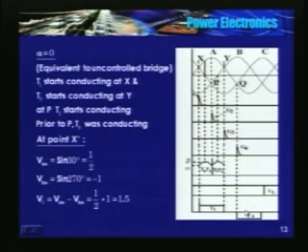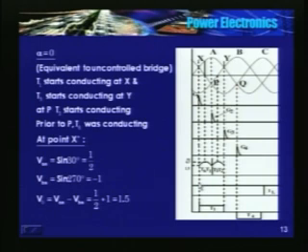So what observations can we make now? Each device conducts for 120 degrees, but each phase conducts power for 240 degrees. You just see each phase conducts for 240 degrees, 120 here, 120 there.